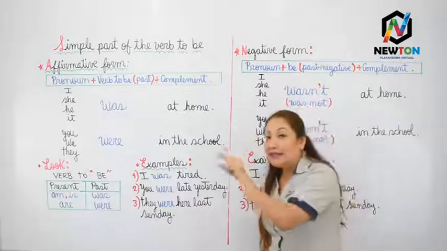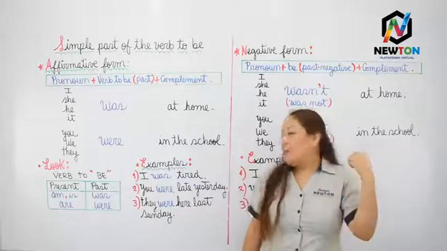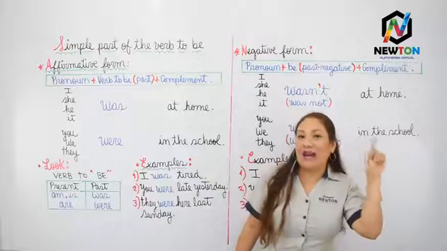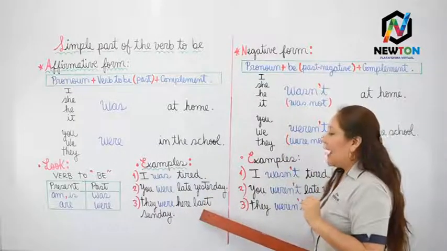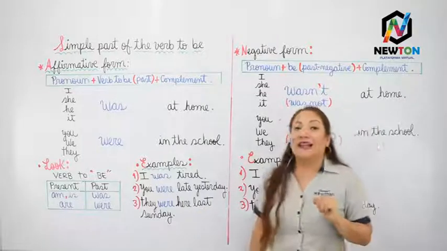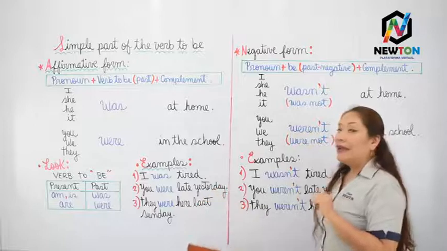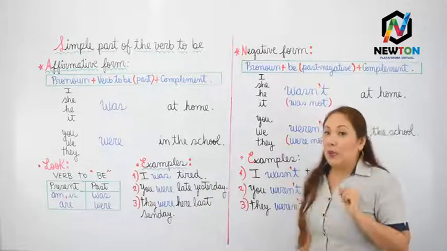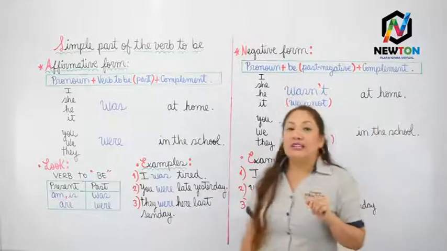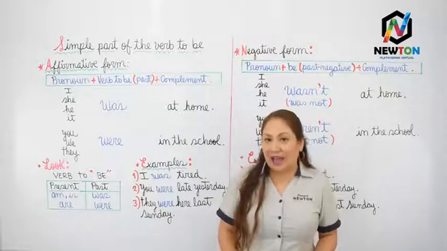Ellos o ellas estuvieron aquí el domingo pasado. Okay? Now, yesterday and last Sunday are time expressions. Las palabras yesterday, ayer, last Sunday, el domingo pasado son expresiones de tiempo que te indican el tiempo pasado.